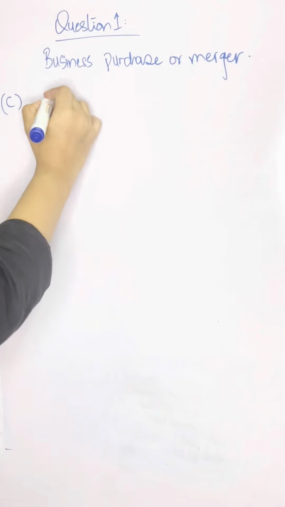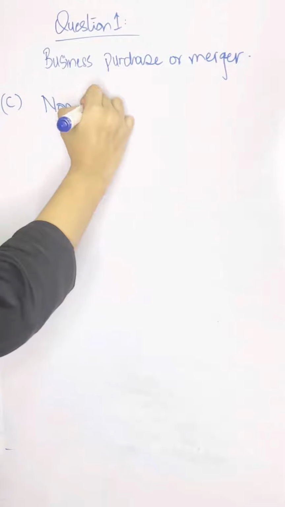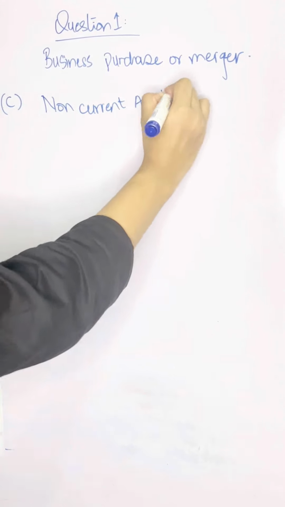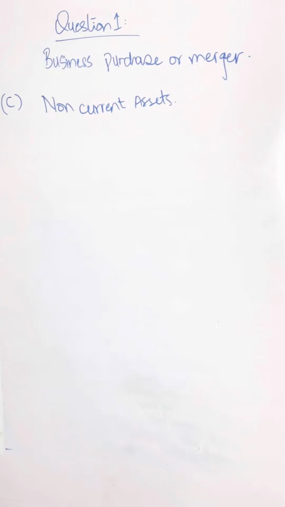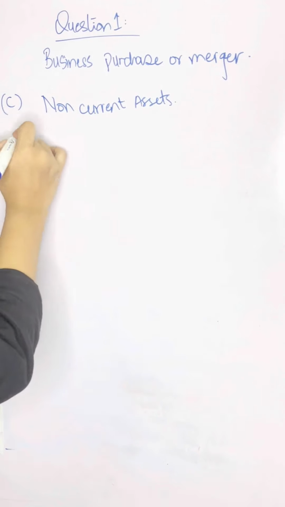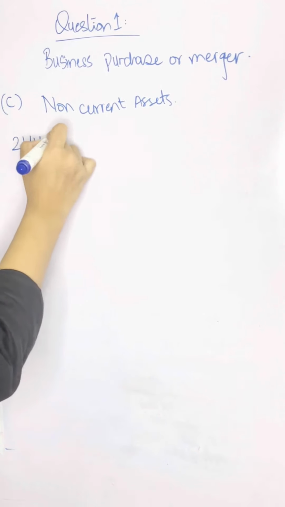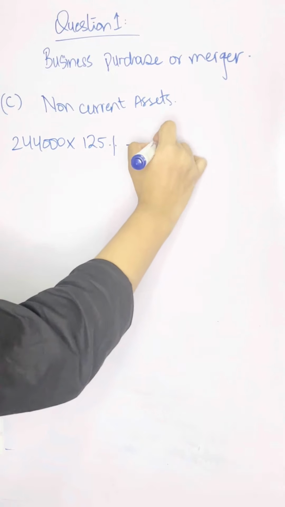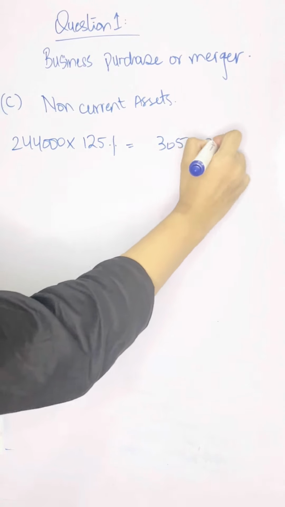So first we'll start with the non-current assets. As stated, they said that there's going to be a 25% increase in the value. So earlier it was 244,000. You're supposed to calculate the 125% on it, which is supposed to be 305,000.